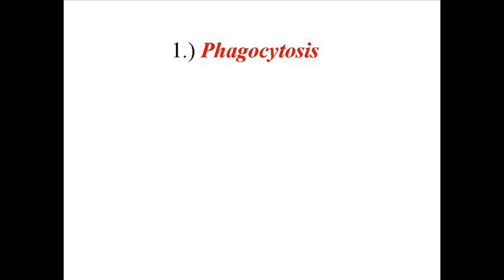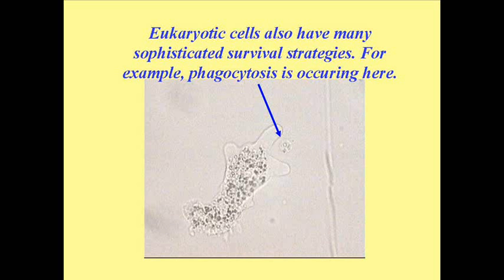The first one that I'm going to talk a little bit about here is phagocytosis. I mentioned phagocytosis earlier when we talked about viruses. And the bottom line is, phagocytosis is the process whereby one cell alters its membrane in order to absorb, in order to ingest, food sources, oftentimes bacteria, sometimes just various nutrients.